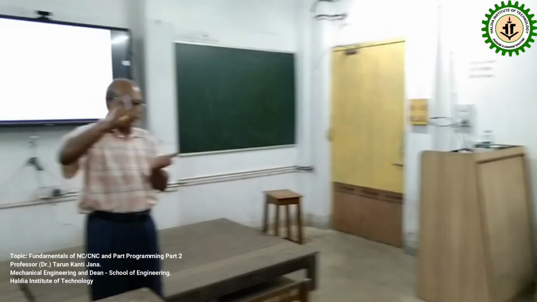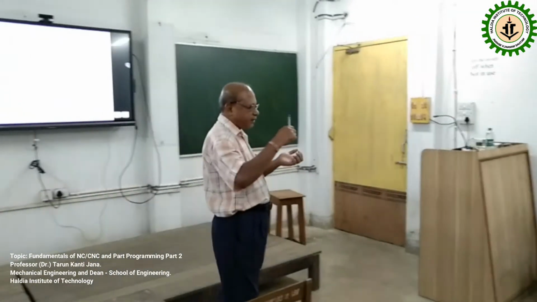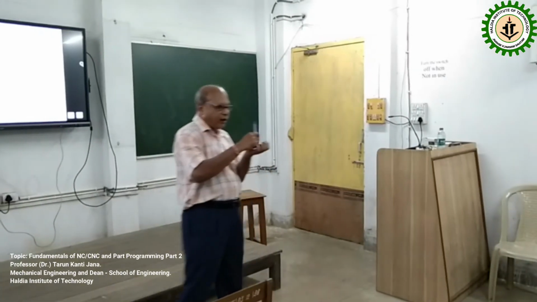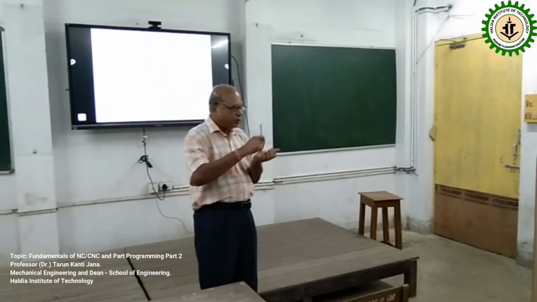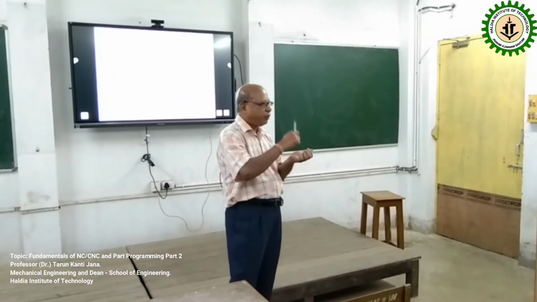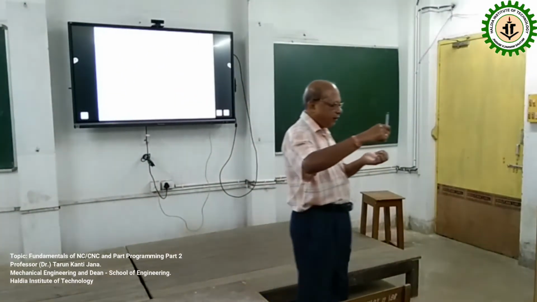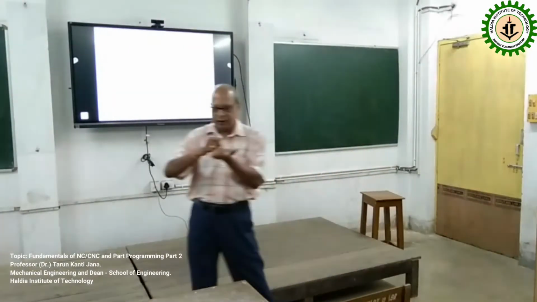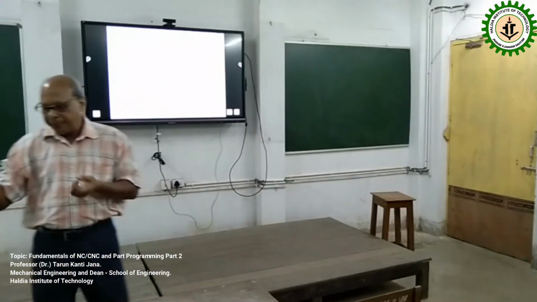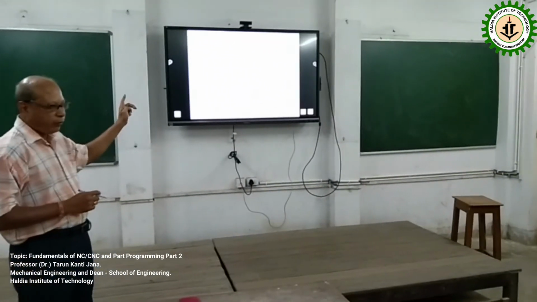So the tool moves in space to reach an accurate point which is defined by its coordinates. This movement is called point to point. The path is not important. The correct location of the drill center point is what is important. That is why this sort of positioning system is called point to point.